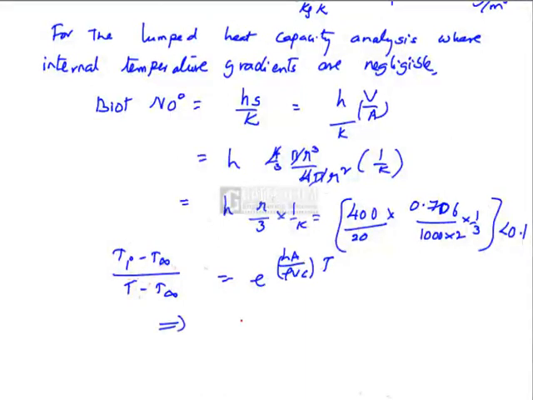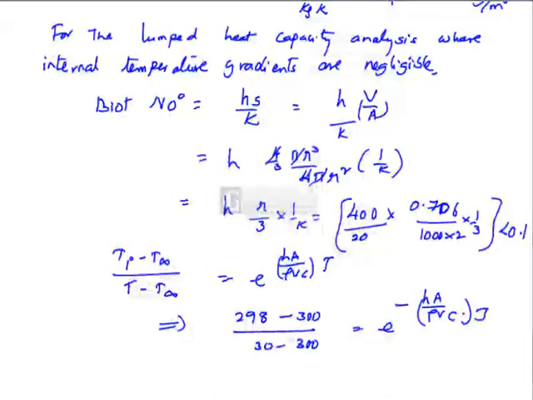It results in 298. I could write this as 298 minus 300 divided by 30 minus 300 is equal to e to the power of minus HA by rho Vc into tau, where tau is the time taken by the thermocouple junction to reach a temperature of 298 degrees centigrade.